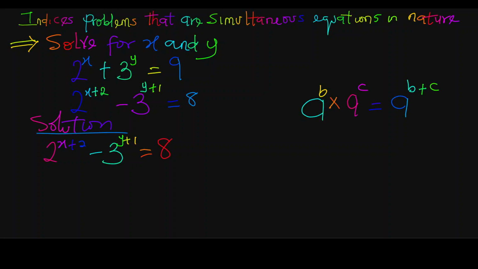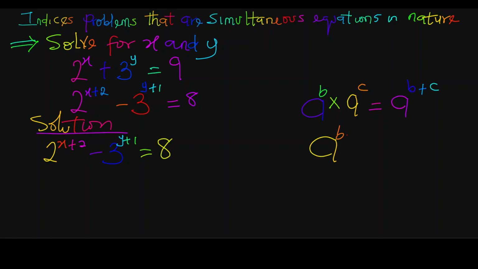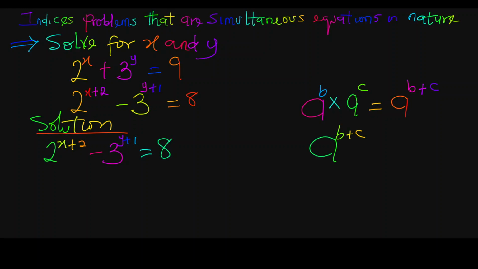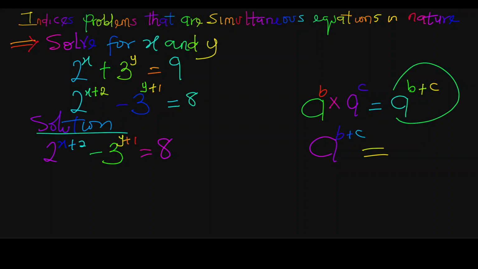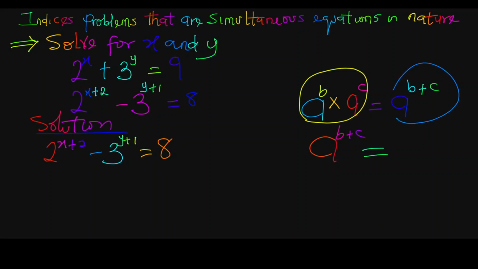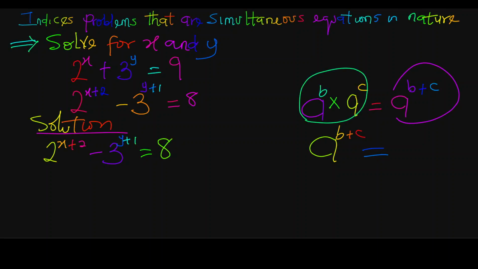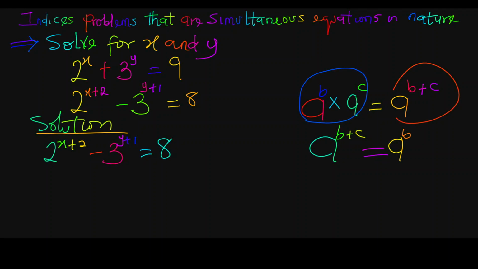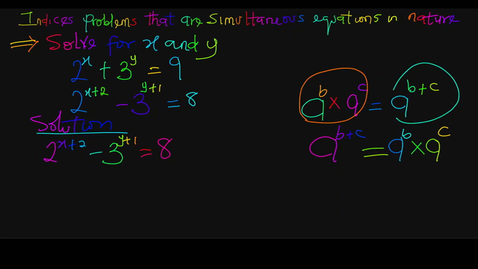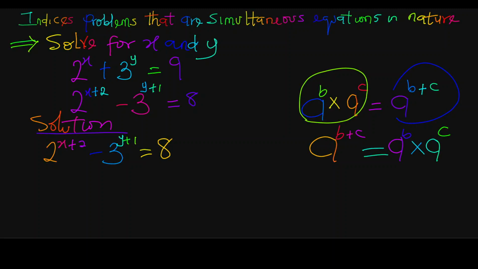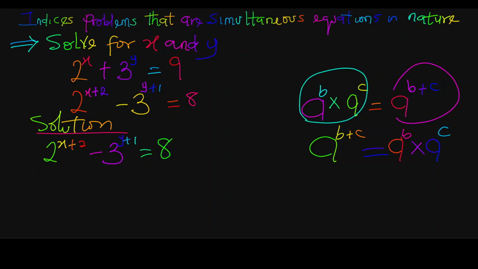Now, if you are given a raised to the power of b plus c, you can also reverse it by splitting into a raised to the power of b multiplied by a raised to the power of c. So it can be done in both ways.